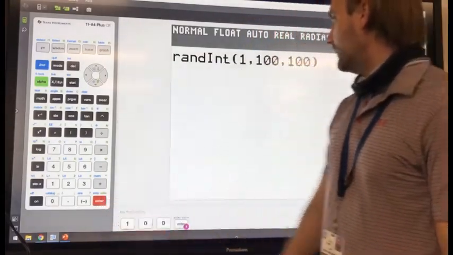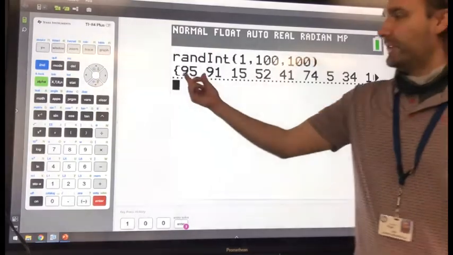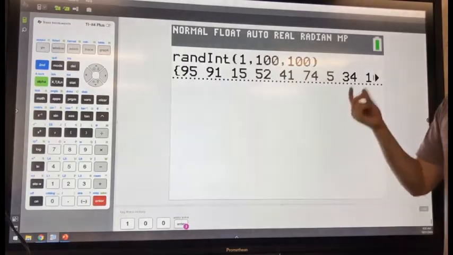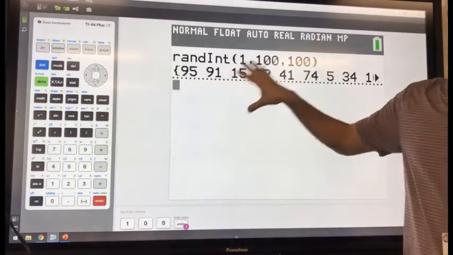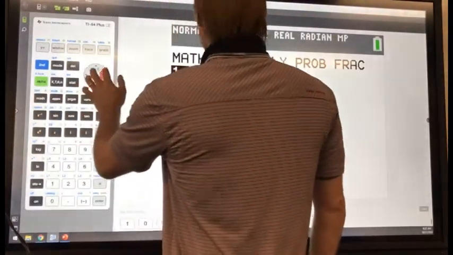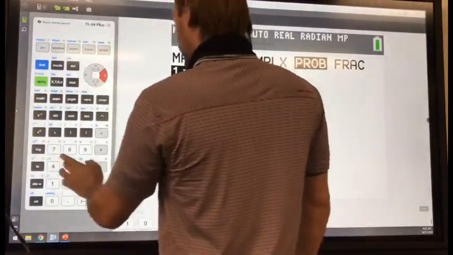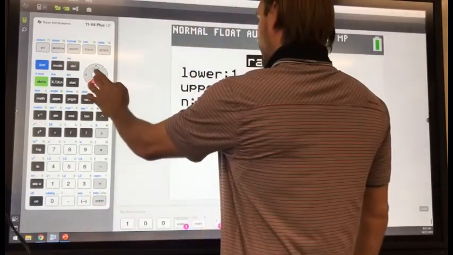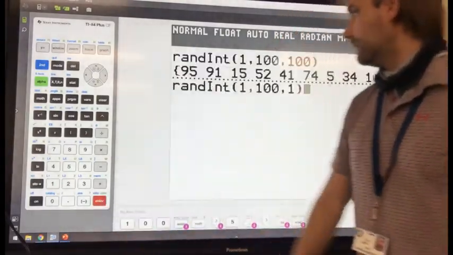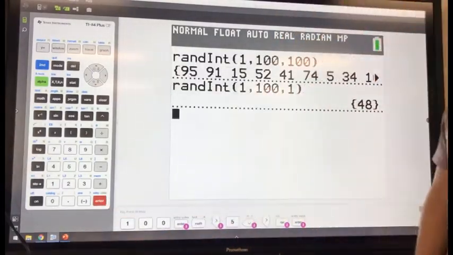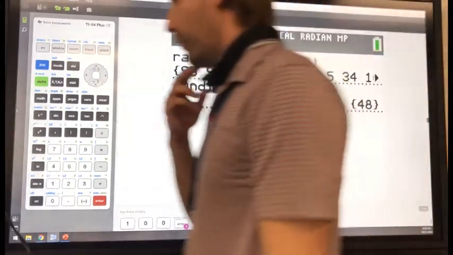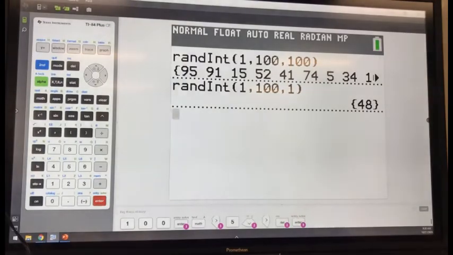First baby, was it healthy? Second baby, healthy, healthy, healthy, healthy, healthy. Actually, what that n was is how many times you want to run this test. So if I just put 1, that's just going to be 1 trial. Did I have a healthy baby? Yes. 48. As long as I don't have 1, 2, or 3, the baby is considered healthy.